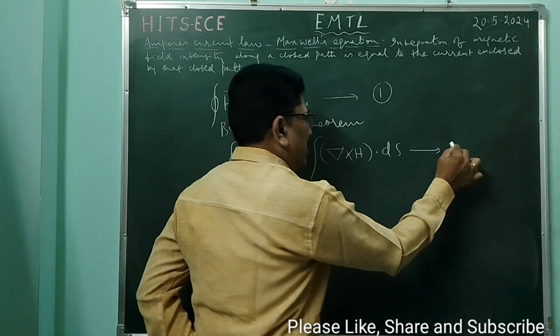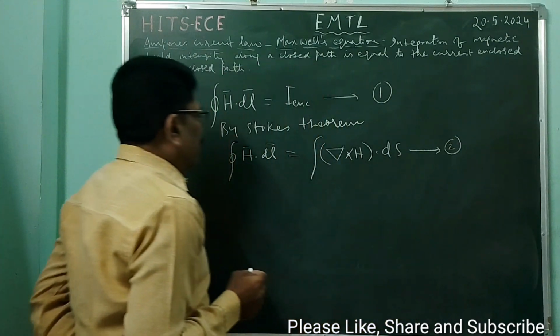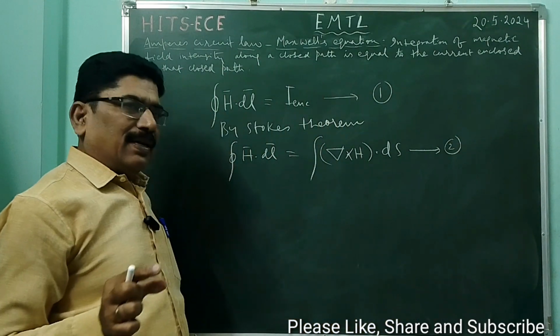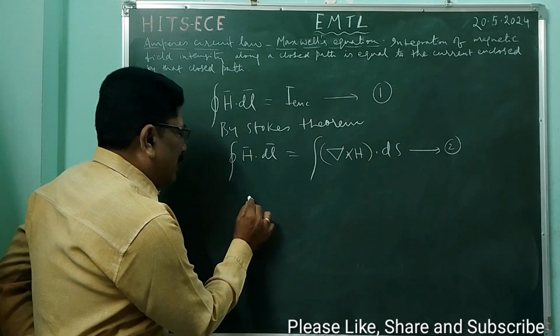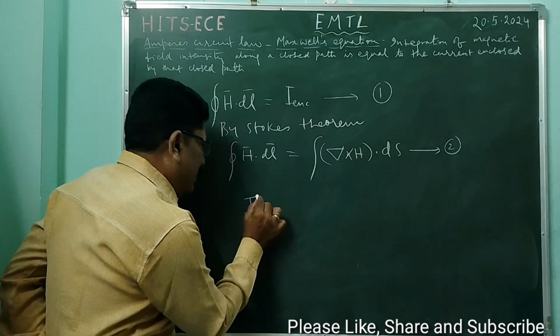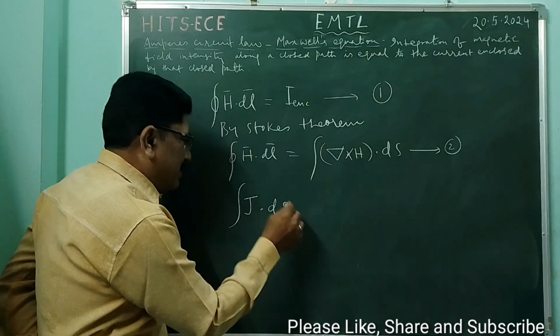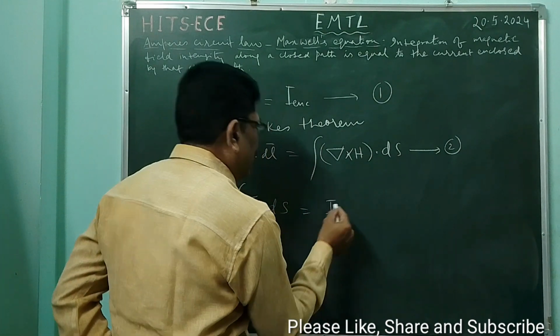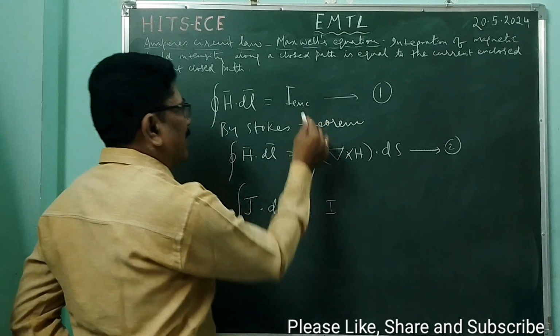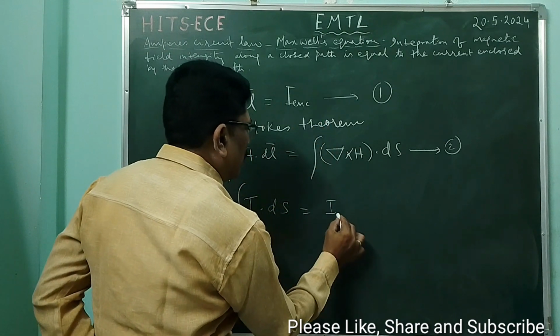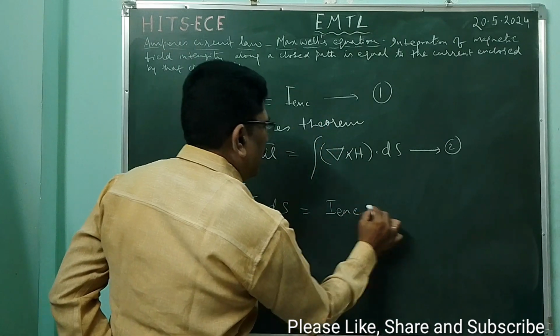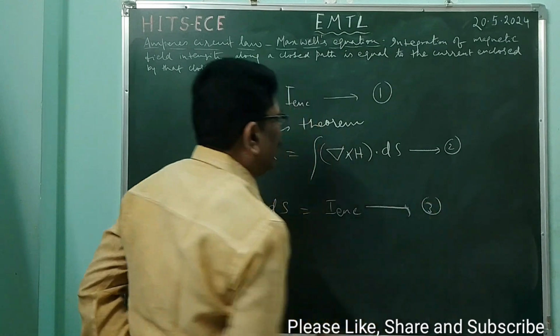This will be equation number 2. But I have already clearly explained that current density J into ds is equal to current. So we can apply this formula for finding the current enclosed by the closed path. Let this be equation number 3.